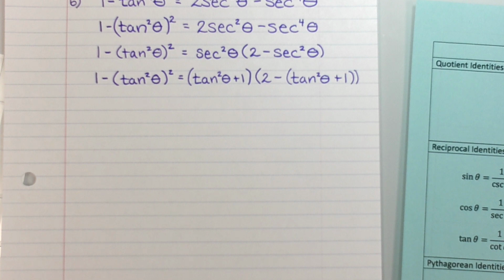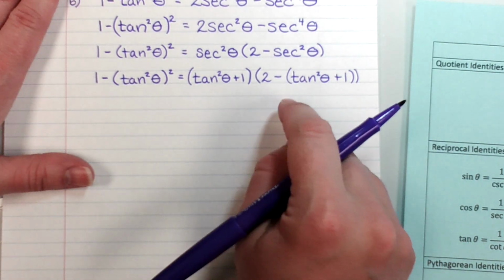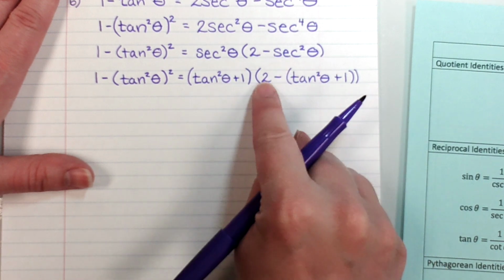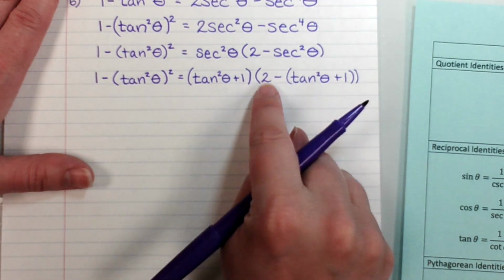Grace, thoughts on what we can do now? Can we distribute? We should distribute. What do we distribute first? The 2 to the tangent squared theta? The other way. The 2 is not getting multiplied by the tangent squared. The negative is.